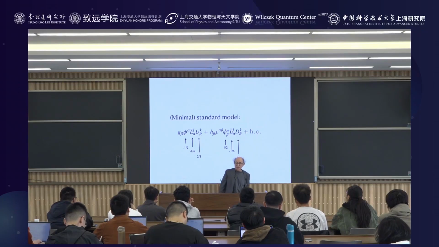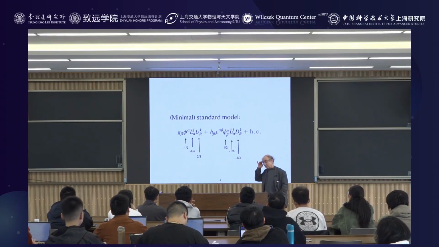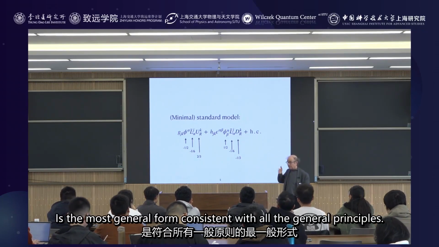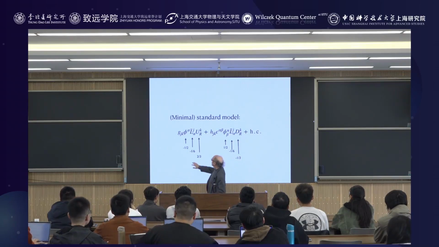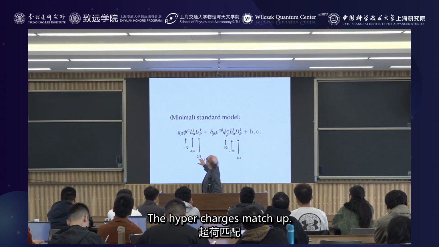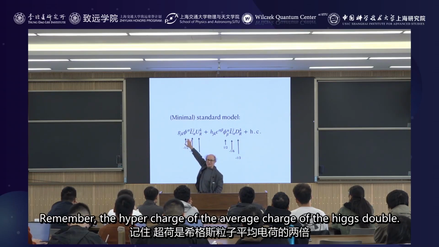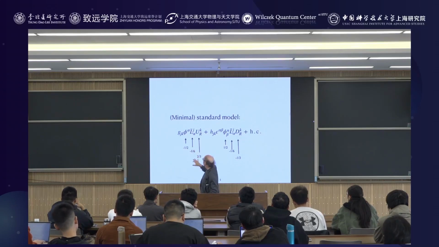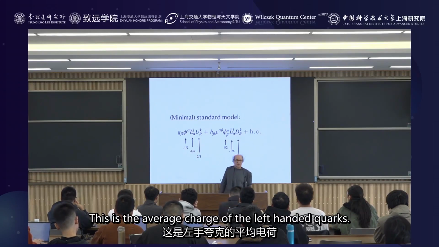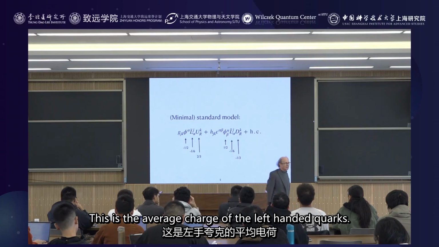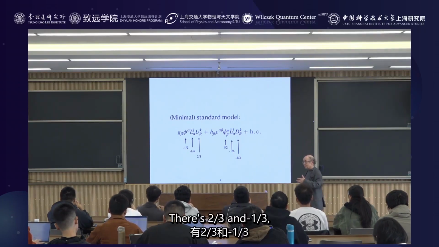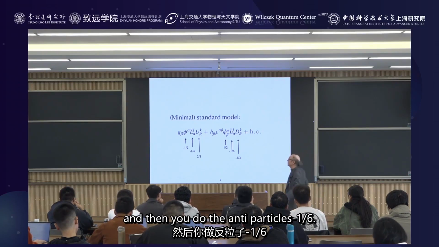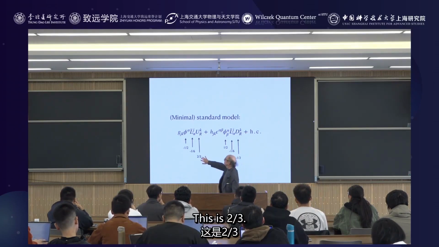That is the most general form consistent with all the general principles. The hypercharges match up. Remember, the hypercharge of the Higgs doublet was -1/2. This is -1/6, the average charge of the left-handed quarks, 2/3 and -1/3, and then you do the antiparticles, so it's -1/6, and this is 2/3.